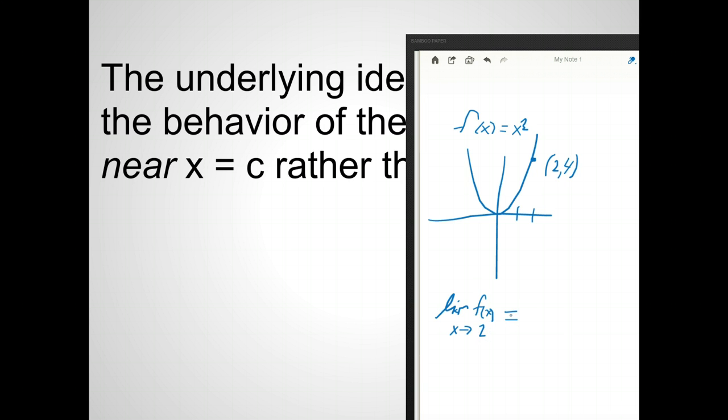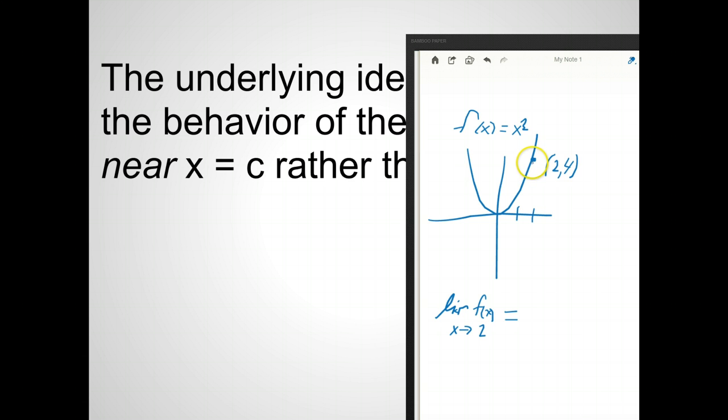As we look at this curve in this vicinity, as we get closer and closer to the x value of 2 from the left side and from the right side, does it appear that we're getting closer and closer to a particular value? Does the function's value get closer to a particular finite value?